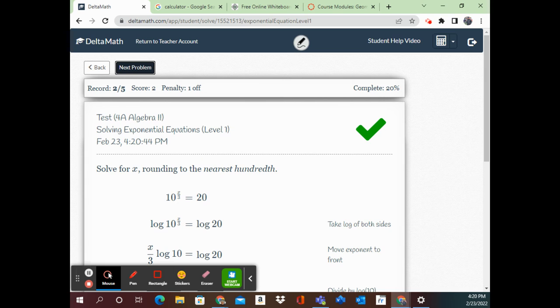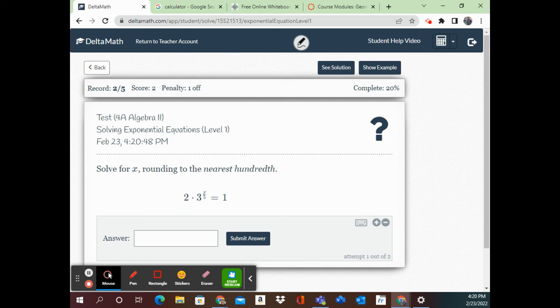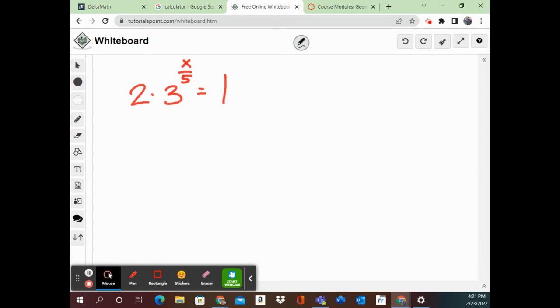All right, we'll go ahead and do one more just for clarity, just to make sure we understand what's going on. What we have is 2 times 3 to the x over 5 equal to 1. So anytime they write an equation like this, that means we're dealing with base 3, right?